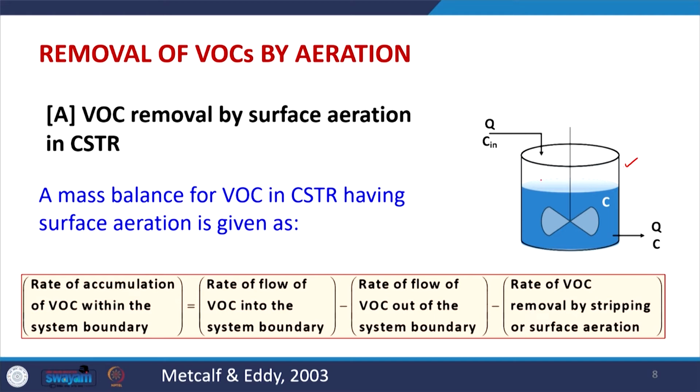So, surface aeration is happening, and we are presuming that the mixture is working in such a manner that the whole of the water is getting properly mixed. There is no stagnant condition as such, and it may be considered as a continuously stirred tank reactor.